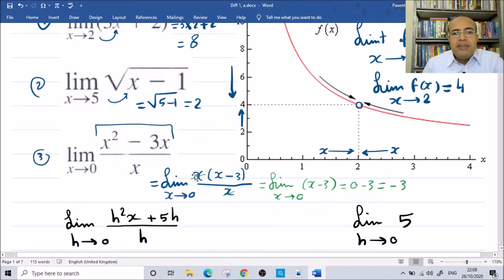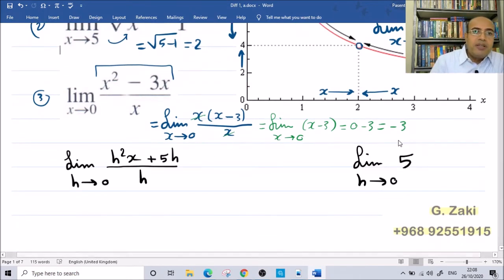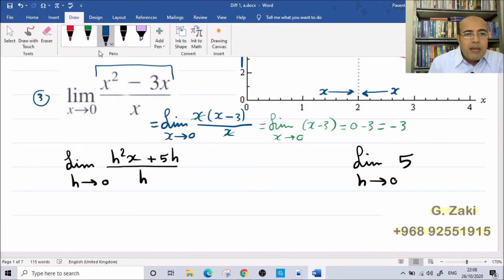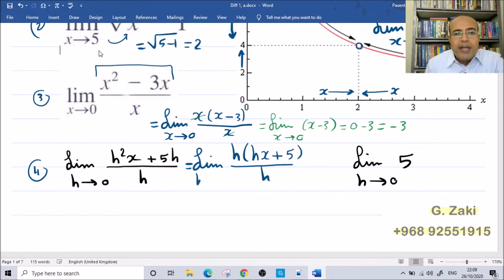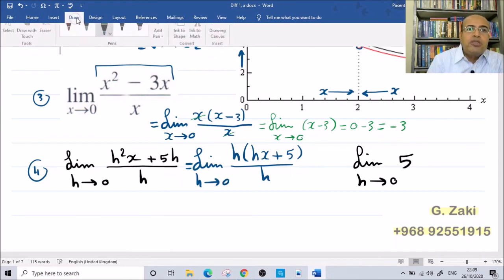In the same way, question number 4. Lim hx squared plus 5h when h, not x, when h tends to 0. When you replace h by 0, it becomes 0 over 0, undefined. So we take h as a common factor from the numerator. h squared x divided by h equals hx, plus 5h divided by h is 5, over h when h tends to 0 or approaches 0.